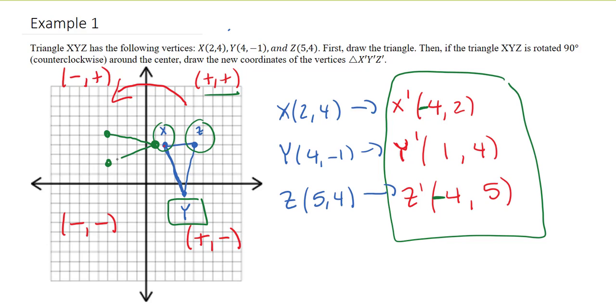If we plot this, this is what it looks like. Our triangle rotating 90 degrees goes from here to here, and that's our 90-degree rotation. And then these are the coordinates. So let's do another example.